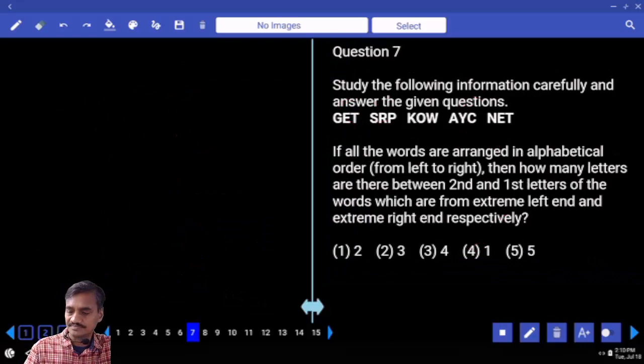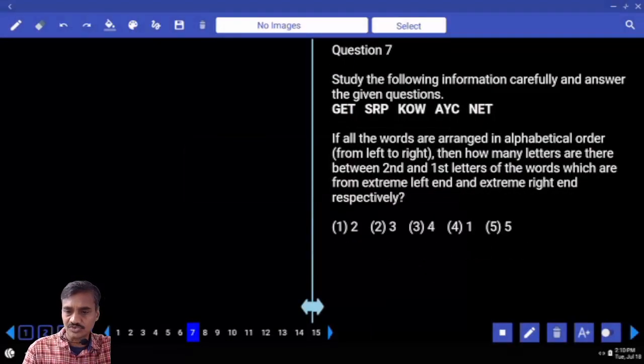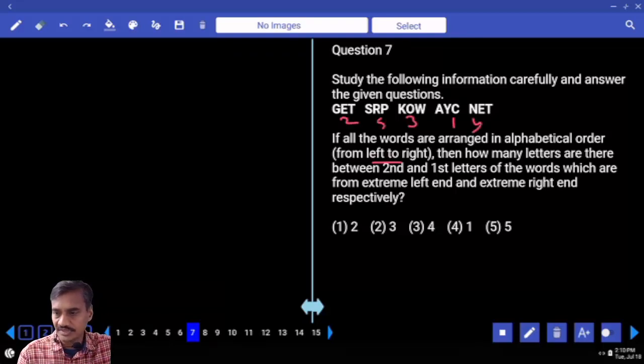Then the 7th one. In this question number 7, if all the words are arranged in alphabetical order from left to right, words 1, 2, 3, 4 and 5, then how many letters are there between the second letter of the word at the extreme left and the first letter of the word at the extreme right?